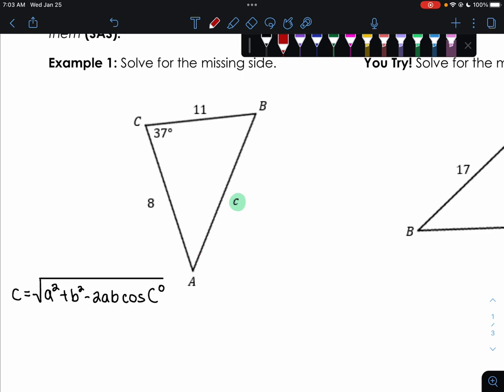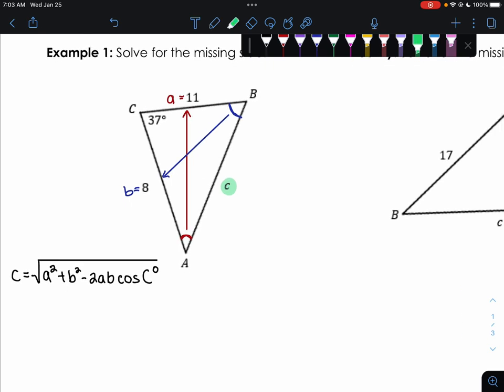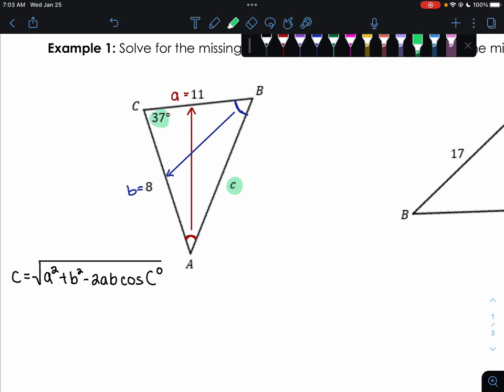So opposite of angle A, so here's angle A, is side A. So right here is side A. Then opposite of angle B is side B. So that would be there. So now we have enough information to plug in and solve. We were given angle C right here. So we have everything we need.